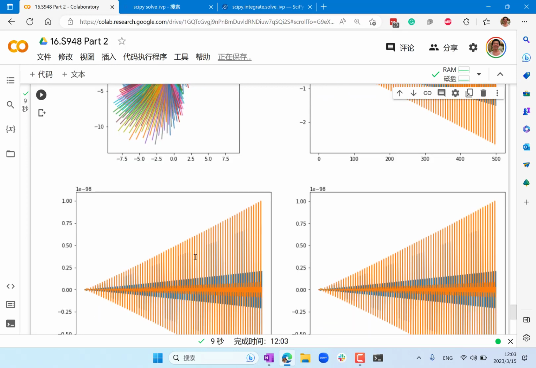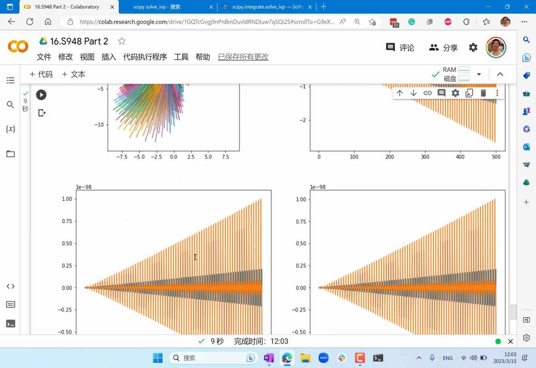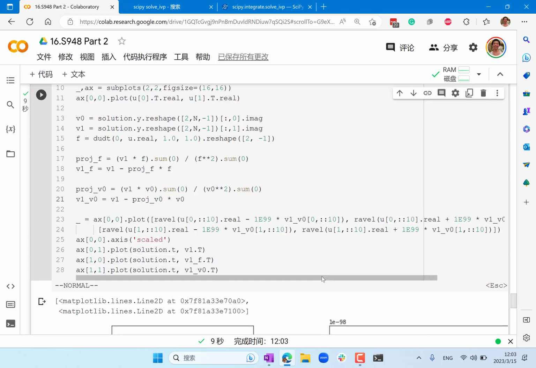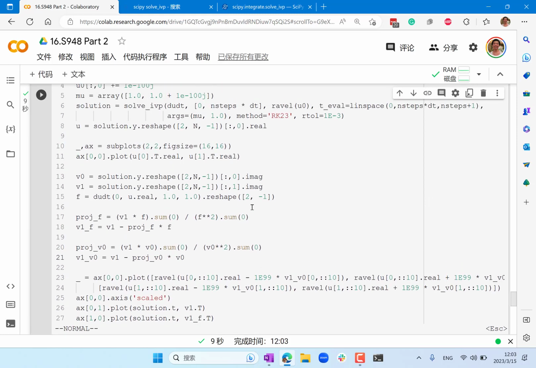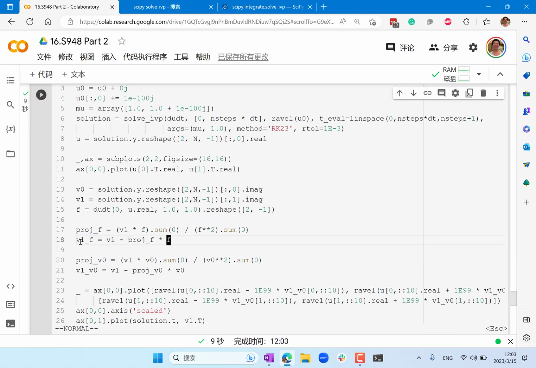Okay. Something is wrong here. It's 18. So I'm not even getting the same value as I got before on the v1f. Oh, okay.